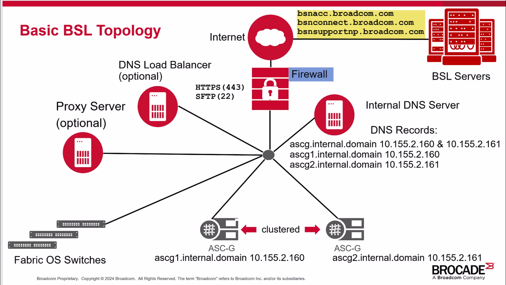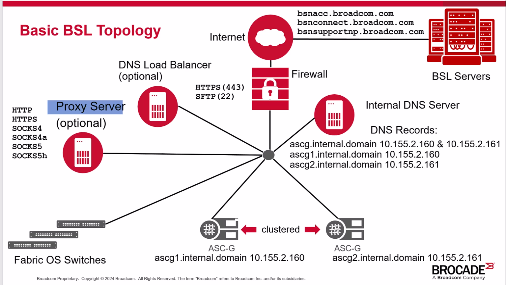For ACC, make sure that you configure the firewall to allow connections to bsnacc.broadcom.com. That's the full FQDN. And then for DCA and support save functionality, you need to allow, again using those particular port numbers, access to bsnsupport.broadcom.com. So essentially, they need to reach those 3 FQDNs externally, going through ports 443 and 22.